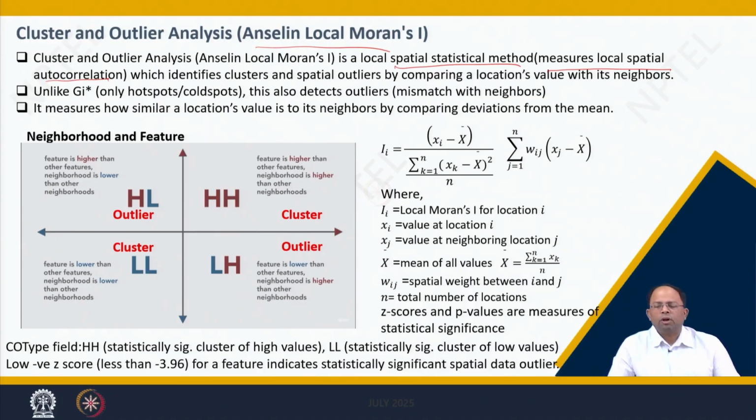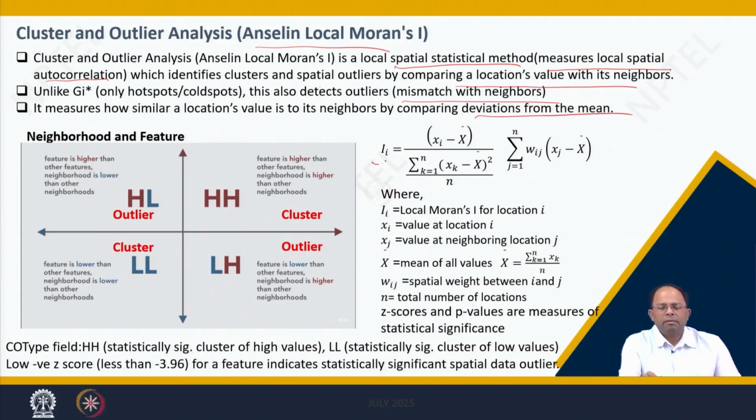This is talking about, in the spatial context, which things nearby show similar values. It's a local statistical method which identifies clusters and spatial outliers by comparing a location's value with its neighbors. Unlike Gi star, which shows only hotspots and cold spots, this also detects outliers, that means where a mismatch is happening with the neighbors. It measures how similar a location's value is to its neighbors by comparing deviation from the mean.